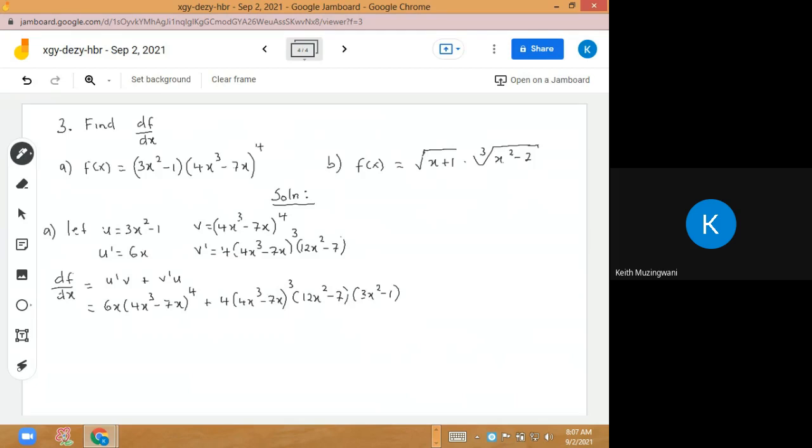And we are done. Not much simplification is needed when you are told to differentiate.